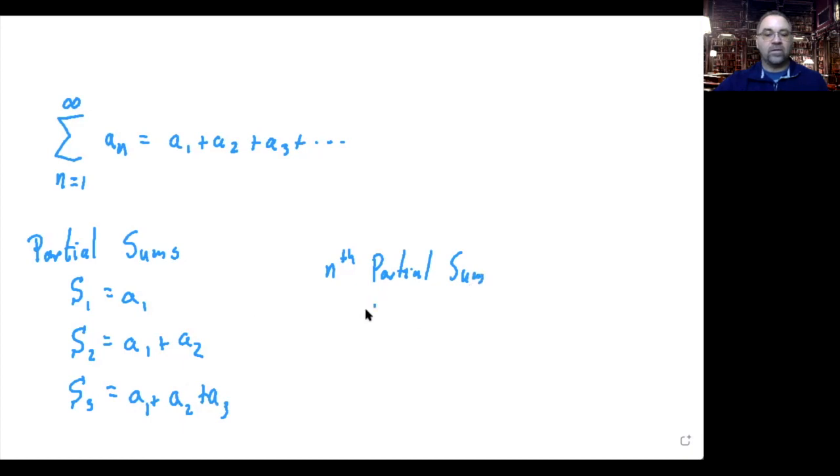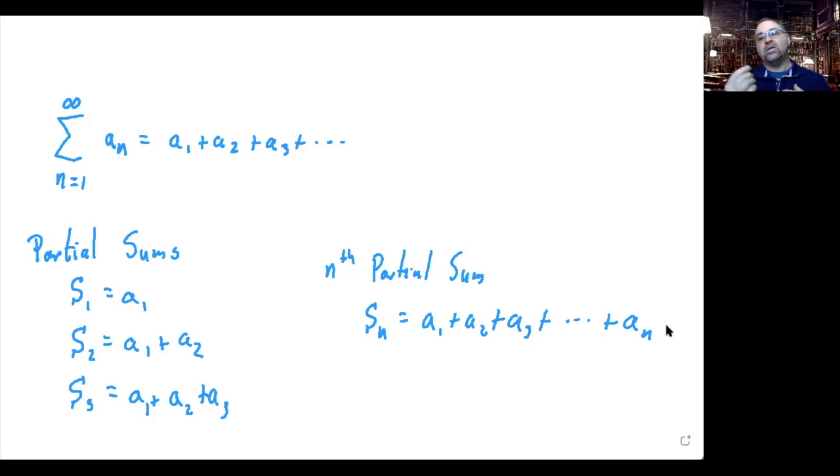which is S sub n, and that's obviously A1 plus A2 plus A3 plus a whole bunch of things up until we get to A sub n. And you're probably looking at that going, well, that's kind of making a sequence, isn't it? The first term of the sequence is S1, the second term of the sequence is S2, third term is S3, fourth is S4, and so on.